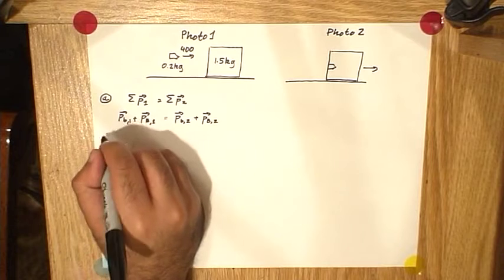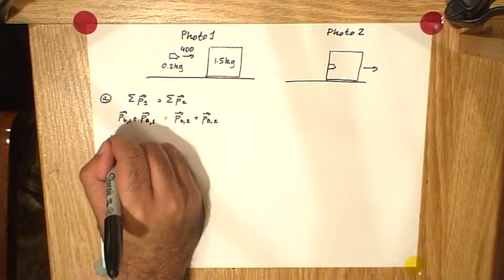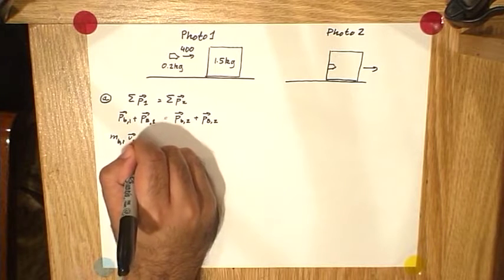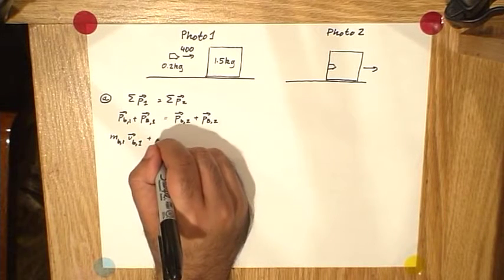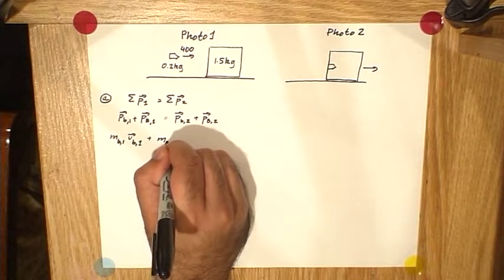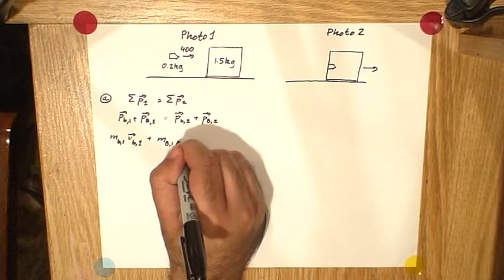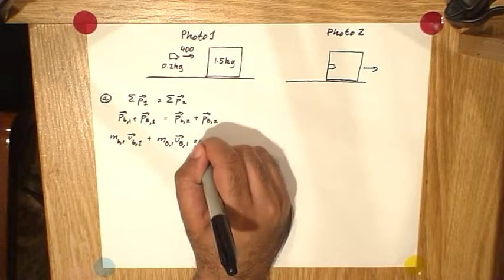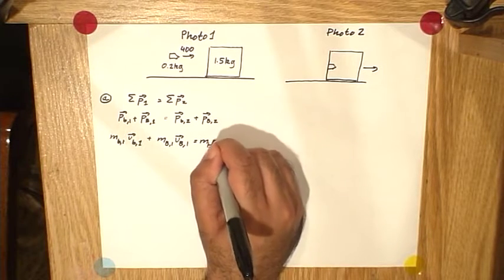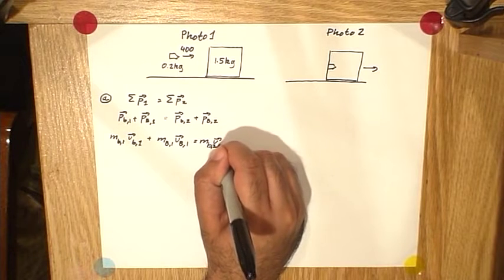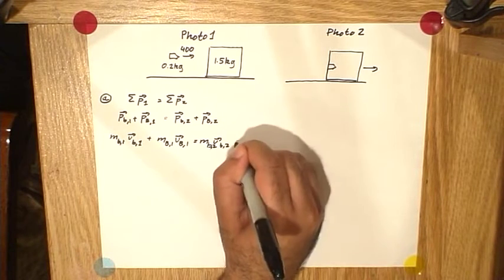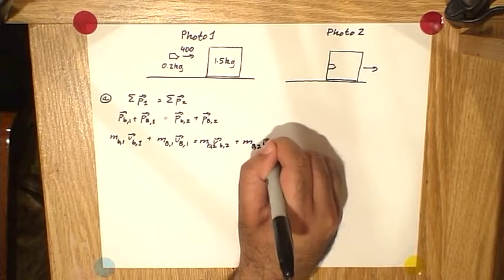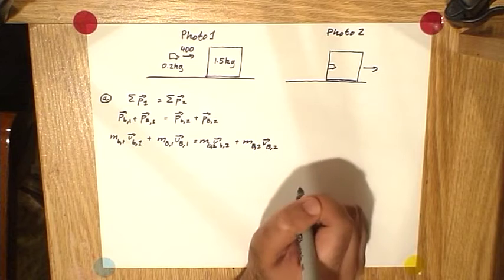Expand still further. The mass of the bullet times the velocity of the bullet in photo 1 plus the mass of the block times the velocity of the block in photo 1 is equal to the mass of the bullet times the velocity of the bullet in photo 2 plus the mass of the block times the velocity of the block also in photo 2.